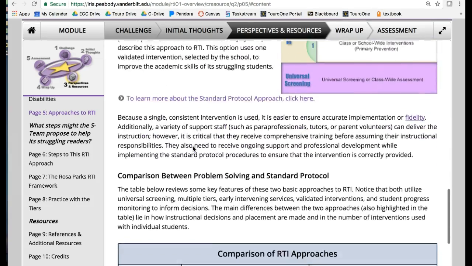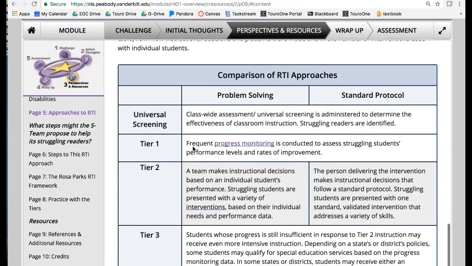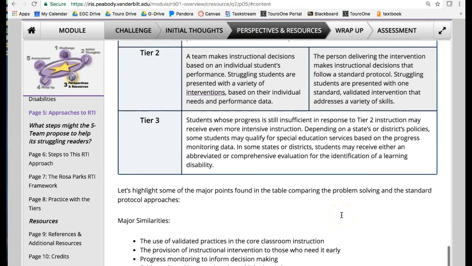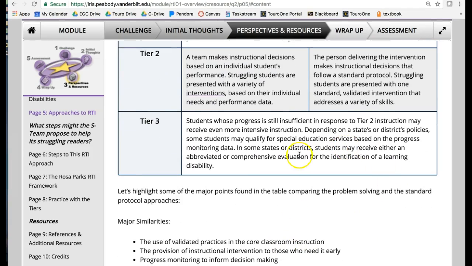So you can see that those two types of approaches, both of them have the universal, then both of them have the frequent progress monitoring, but in tier 2, with the problem solving, the team decides on what the intervention is, and with the standard, the school has decided on what the intervention is. But then tier 3 is the same, that depending on this, they might qualify for special education services, so they might be assessed in that way.